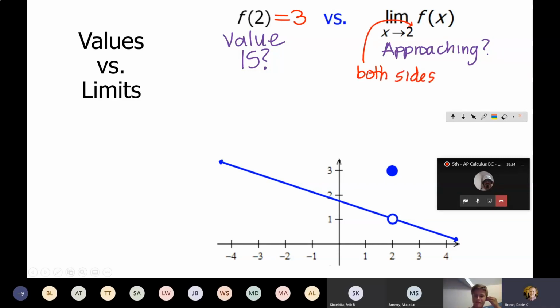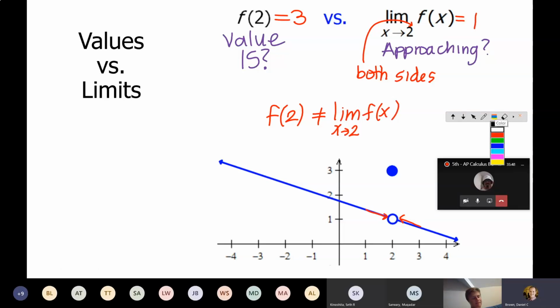The limit cares about what is it approaching from the left and the right, and so the limit of this function is equal to 1. So in this case, the value is not equal to the limit.